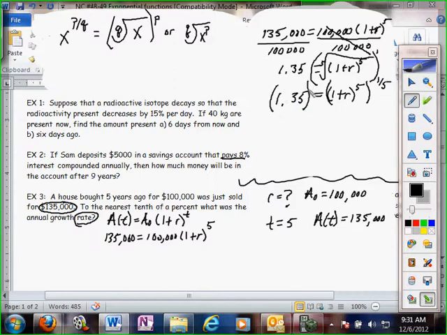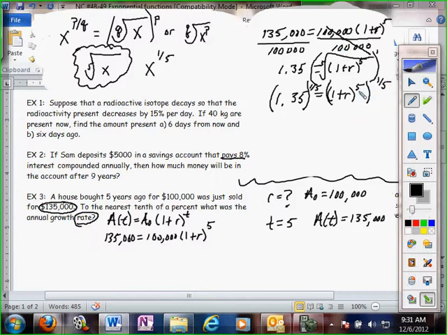Because if I have the fifth root of some number, look right here, everybody, that's the same thing as saying that I have x to the power of 1/5. Taking the fifth root, like I wanted to do initially, is the same thing as raising to the power of 1/5.